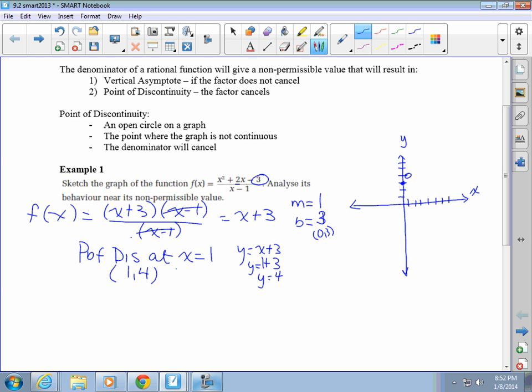And then from there, my slope is 1 over 1, so I'd be going up 1 over 1. That's my point of discontinuity at (1, 4), so the next one would be at (2, 5), and then I would be at (3, 6), and so on. Going down, I would be at (-1, 2), and then it would just keep going. So my graph, when I draw this, is going to go like this, go up to that open dot, and then continue. Pretend that's a straight line.